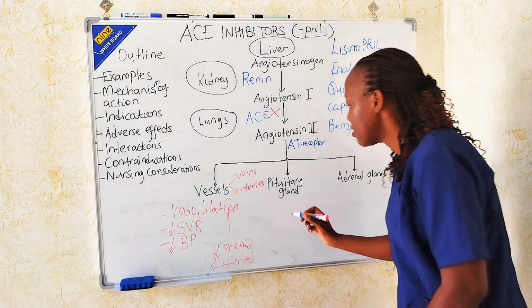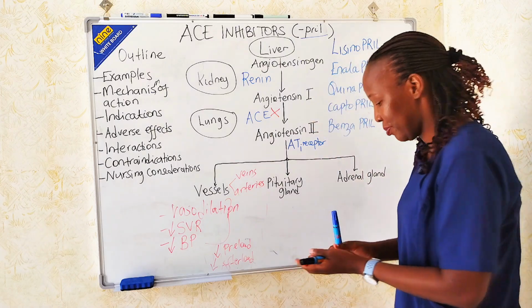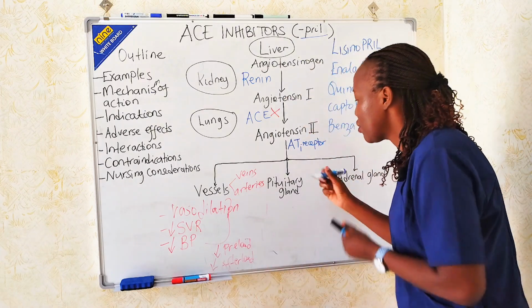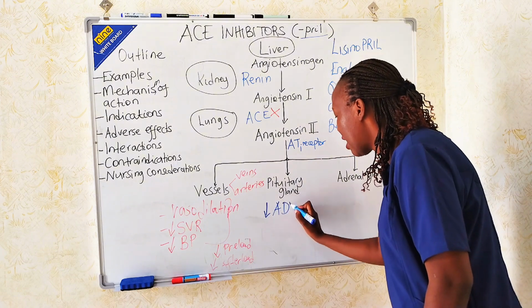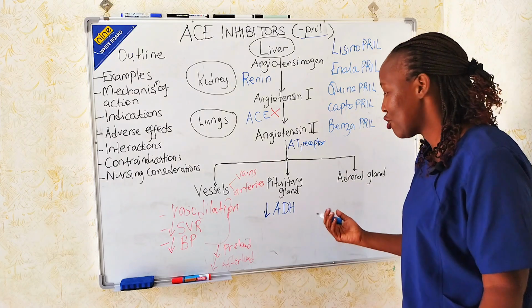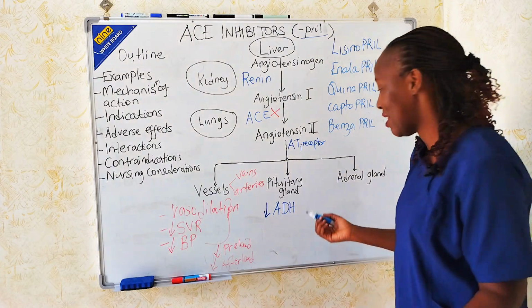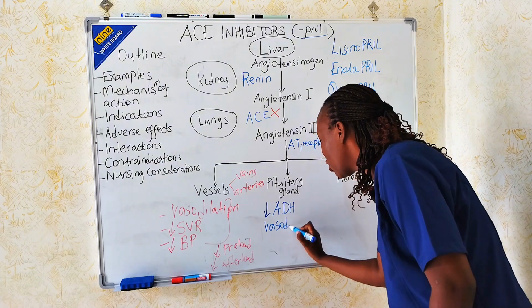Now, another effect of angiotensin 2 is to stimulate the pituitary gland to release antidiuretic hormone. But in this case, we will have a reduction in antidiuretic hormone. Remember, ADH is also a vasoconstrictor, so because we now have less of it, we are also going to have vasodilation here.